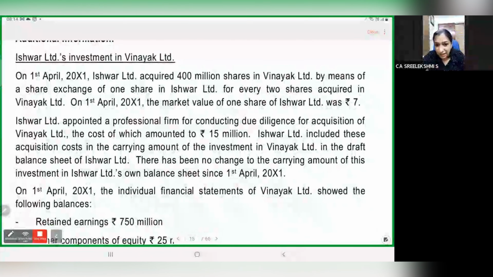Date of acquisition is 1st April 2011. Shareholding pattern. We have realized 400 million shares out of 500 million shares. Therefore, shareholding pattern is 80% and NCI 20%.